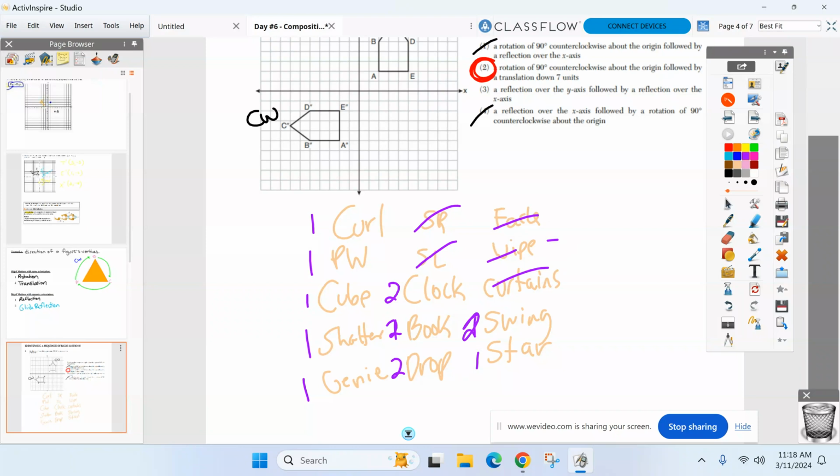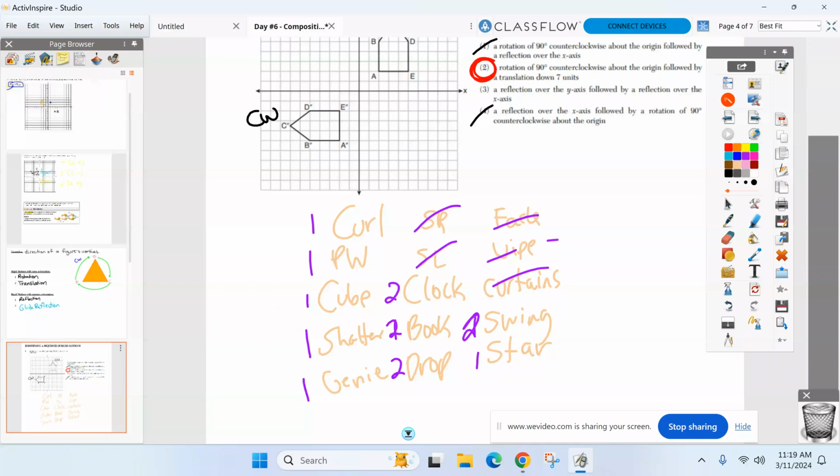Fine. I'll give them all. I'm just going to rub it all in your faces when it doesn't happen. So you got clock, book, drop, swing, and star. Clock, book, drop, swing, and Promethean person. All right, here you go. You got 5 right now.